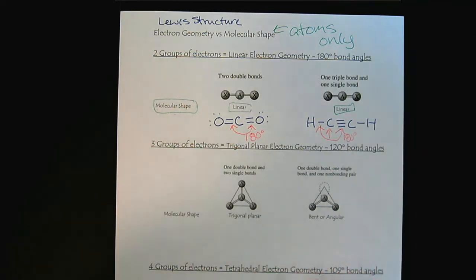So let me show you a model of this arrangement. Here's a model of the last molecule we worked with. The black signify the carbons, the whites the hydrogen. If we consider this carbon atom the central atom, we see that there are two groups of electrons, a single bond and a triple bond.